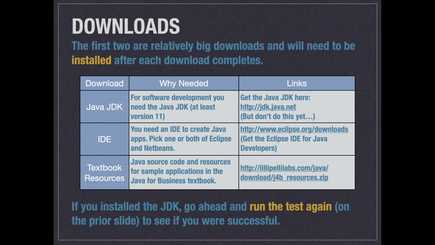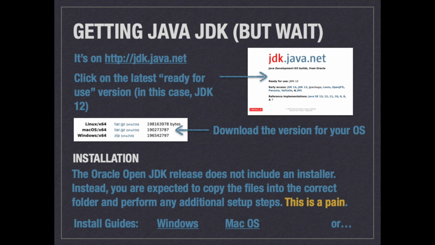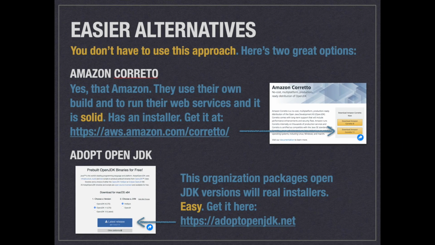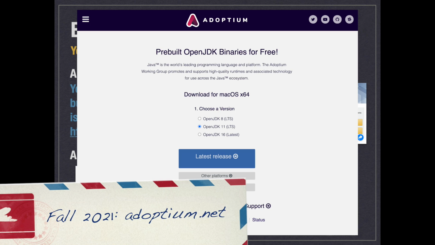So what about Java? This is where we got into this last time, and I've tried to be really clear that this is one way to download it, but I say wait, because the Oracle download does not include an installer. That said, it's an open source language and development kit, so there are open source versions that you can get, and that's the next slide, which is easier alternatives.